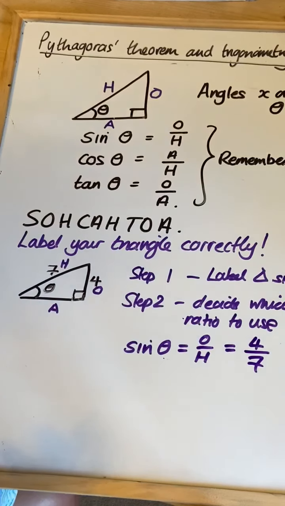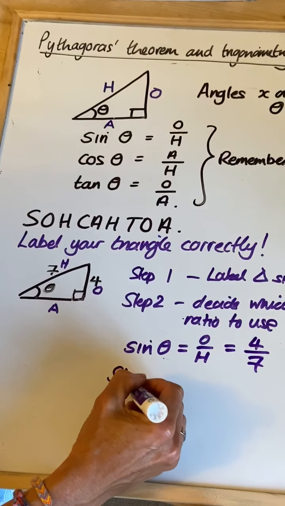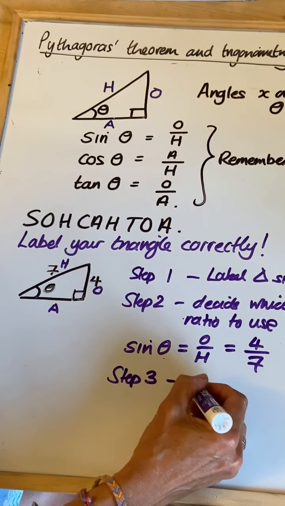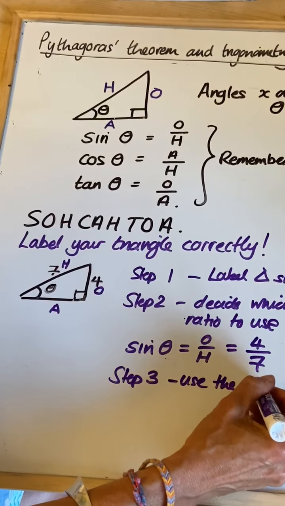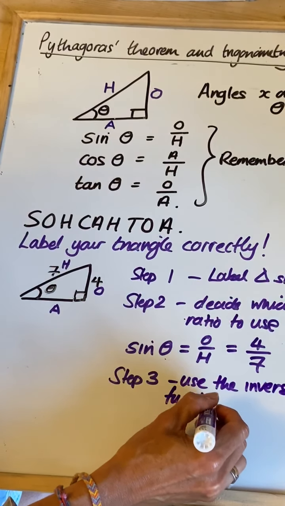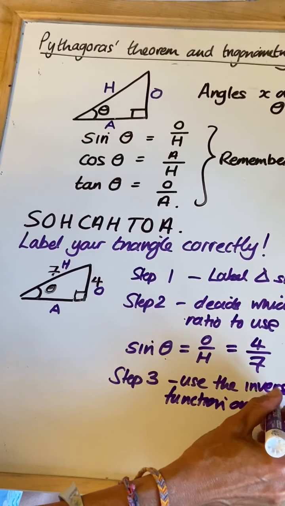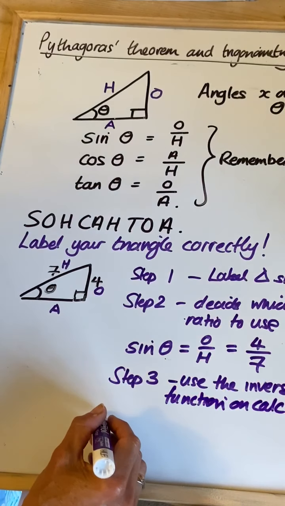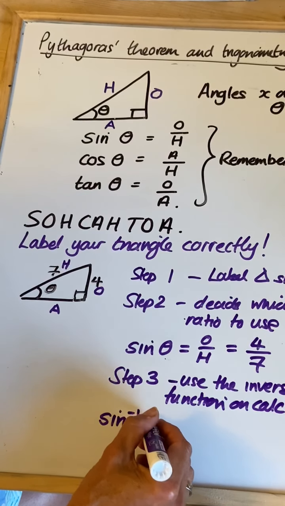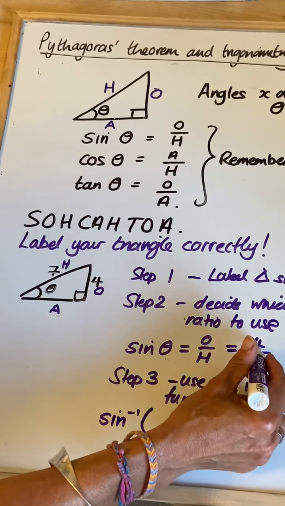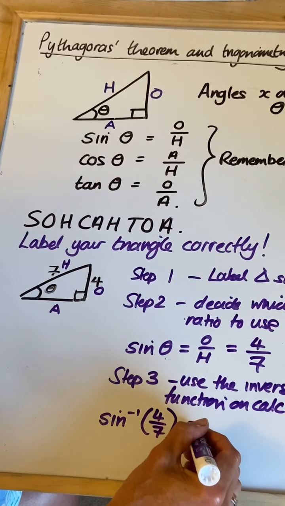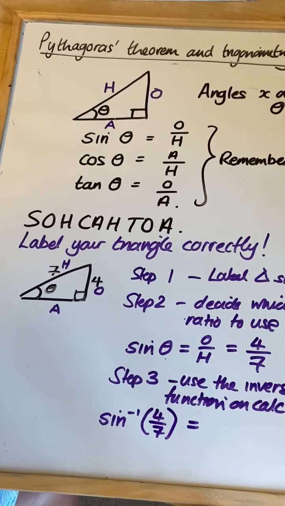Next thing, step 3. Use the inverse function on your calculator. So what you need to do is put sine to the minus 1 of 4 over 7, and that is going to give you an angle.